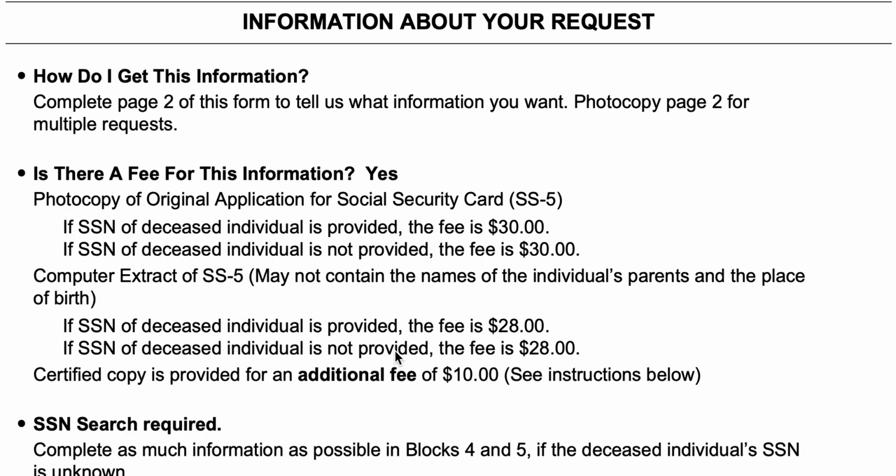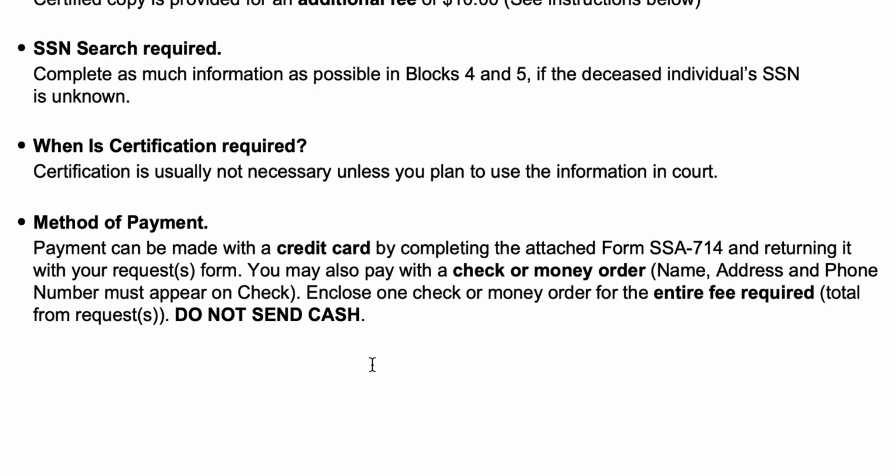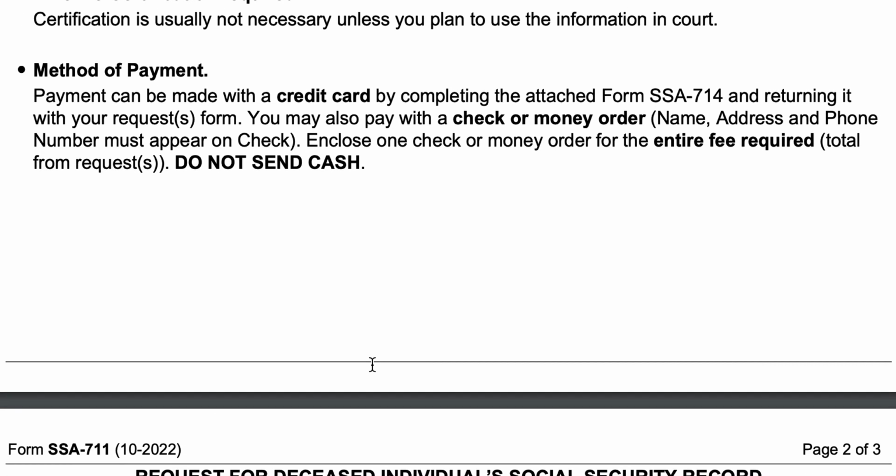Generally speaking, for personal purposes, certified copies are not required. However, you might need a certified copy of a Social Security statement for legal proceedings or otherwise indicated in a court of law. And then you can pay by credit card.